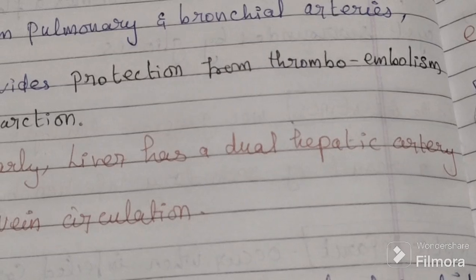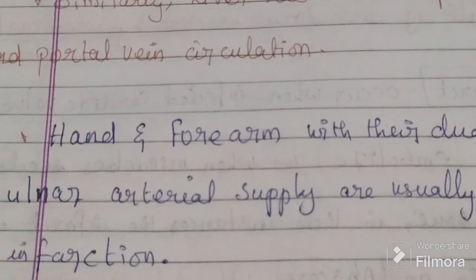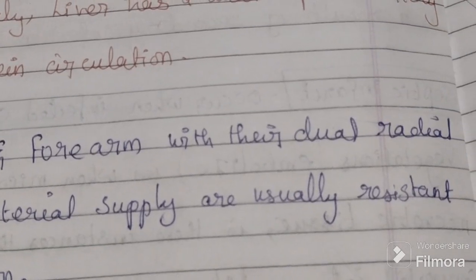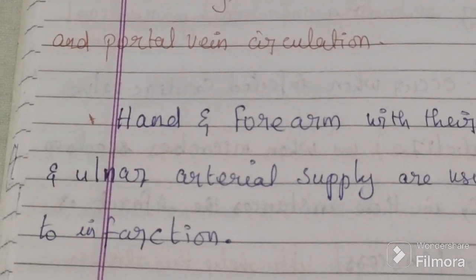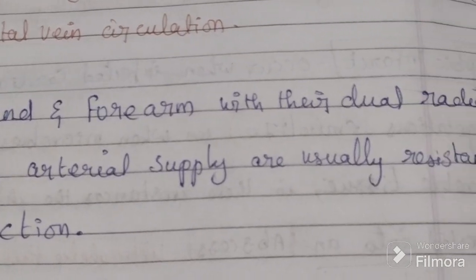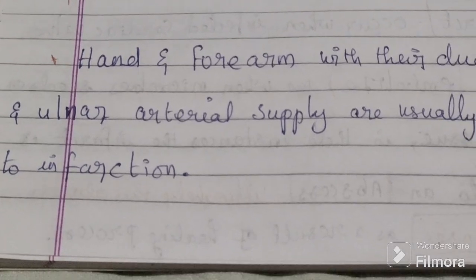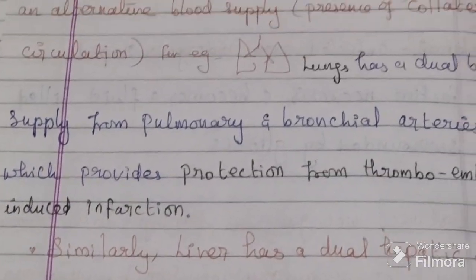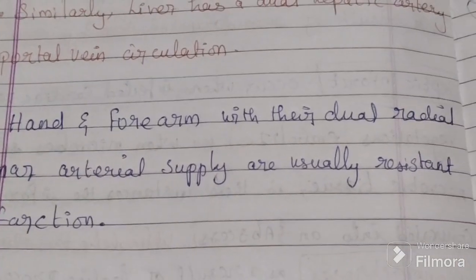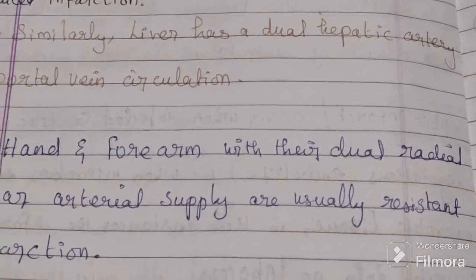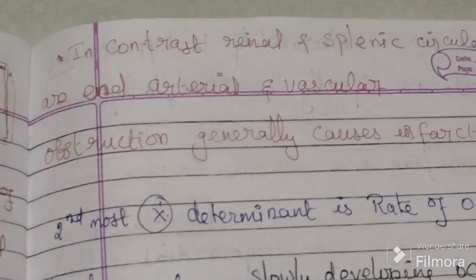Similarly, the liver has a dual hepatic artery and portal vein circulation. The hand and forearm, with their dual radial and ulnar arterial supply, are usually resistant to infarction.